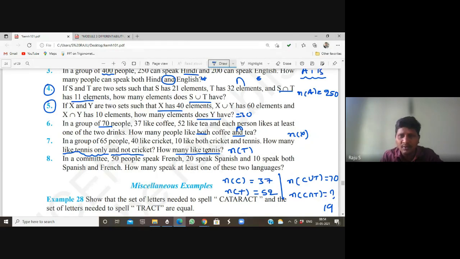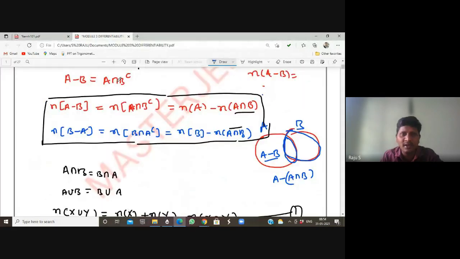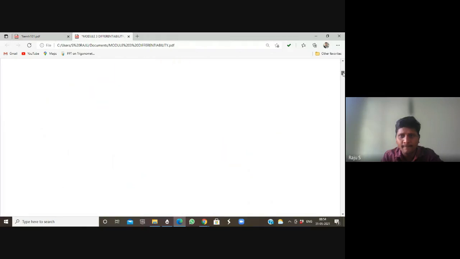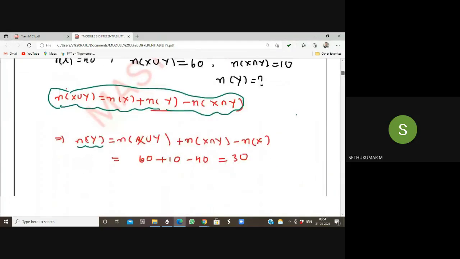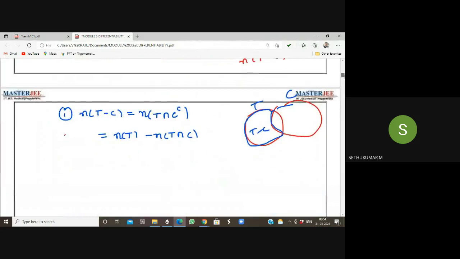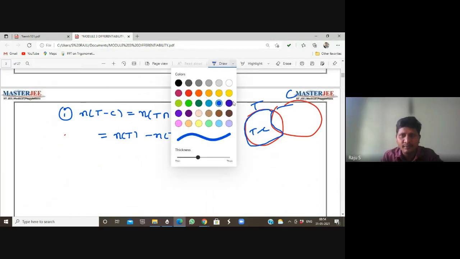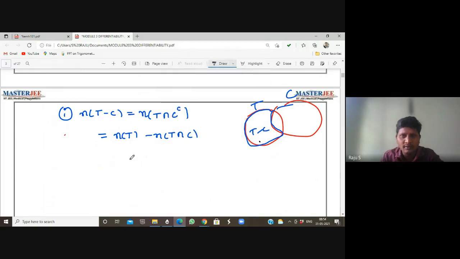Further, we should know what is n of T. As you said, first find n of T. All of you find n of T. Sir, 35. Is n of T 35? Yes, students.